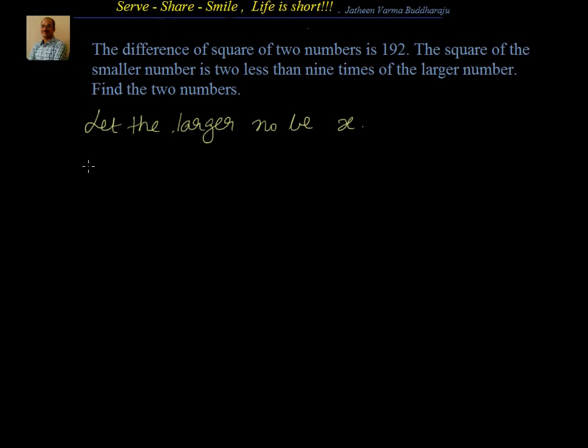Square of the smaller number is equal to 2 less than 9 times of the larger number.